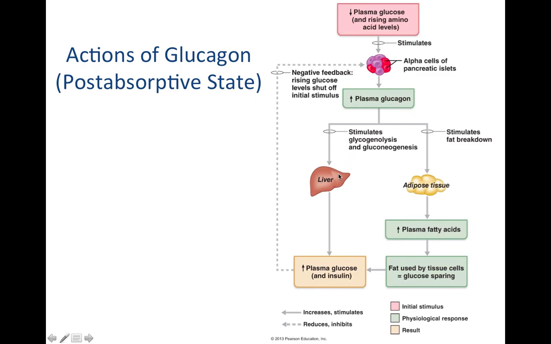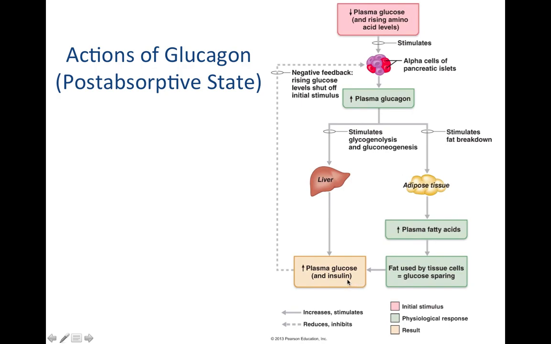Glucagon tells your liver to perform glycogenolysis, breaking apart glycogen, and to create glucose from non-carbohydrate sources, gluconeogenesis, and those actions will help to increase your plasma glucose. Glucagon will also stimulate your adipose tissue to release fatty acids into your plasma, and then you can use that fat and convert it into glucose if you need.